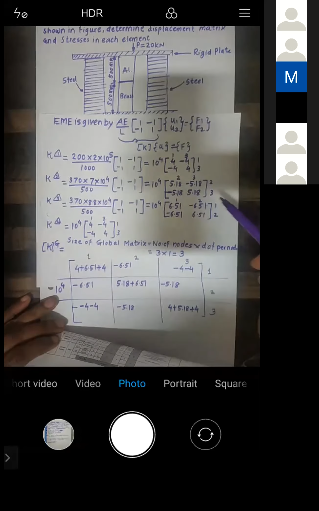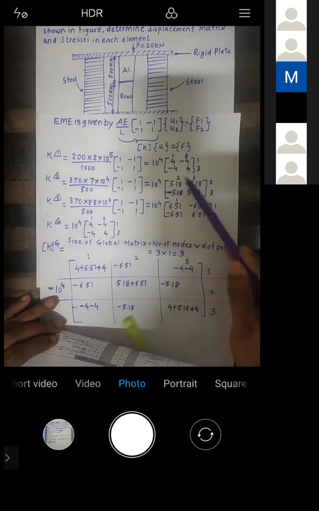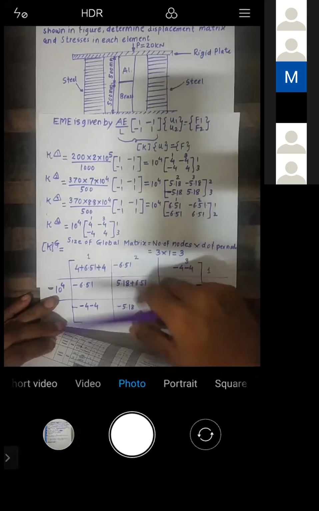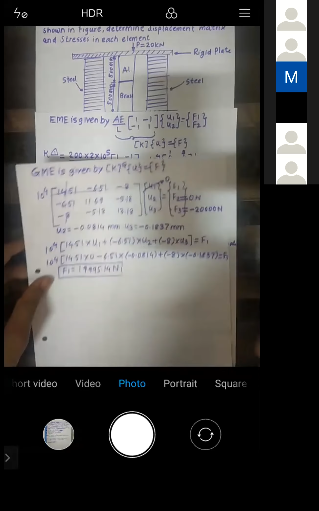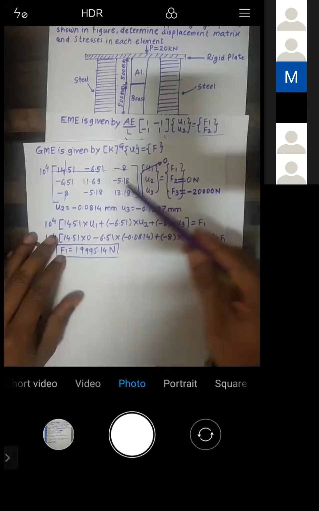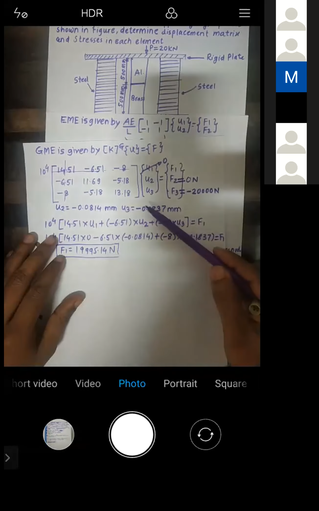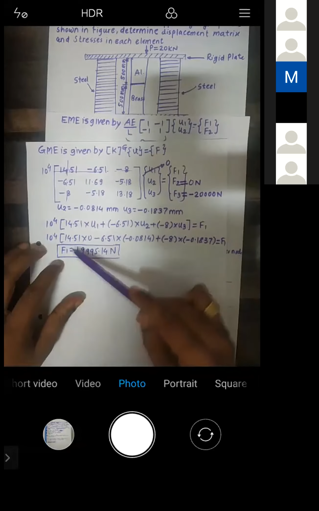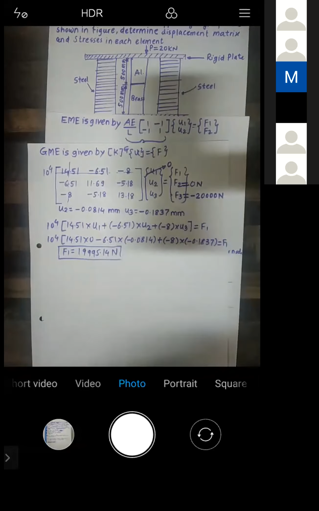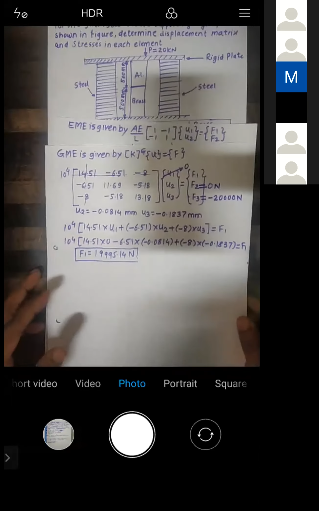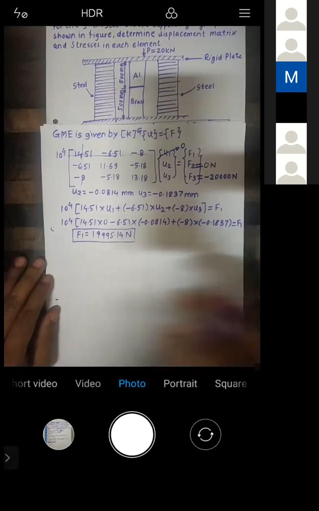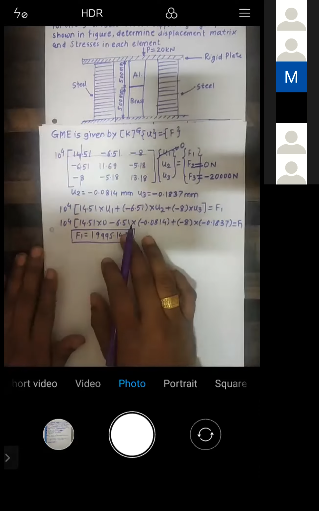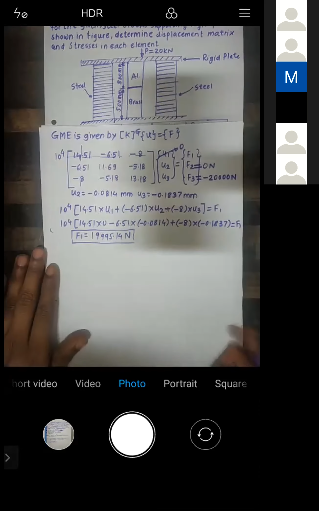These two values ultimately enter this matrix, which you are solving for u2 and u3, and u2 and u3 will decide the value of f1. So the more digits you take after the decimal point, the more the chance that your summation of forces will tend to 0. But whatever calculation we have done is a correct value. That much error is allowed.